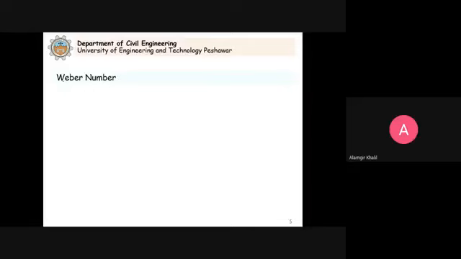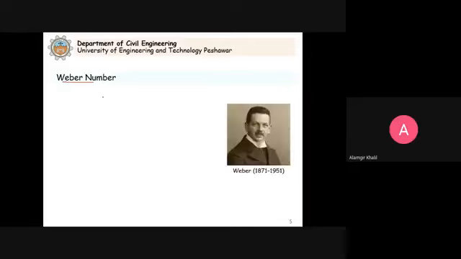Now the next one is the Weber number. The Weber number is defined as the square root of the ratio of inertia forces to the surface tension. So in any fluid phenomenon where you feel and understand that surface tension is important, then between the model and the prototype, for dynamic similarity, you have to consider the Weber number.